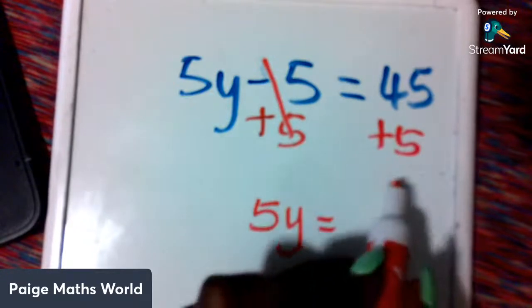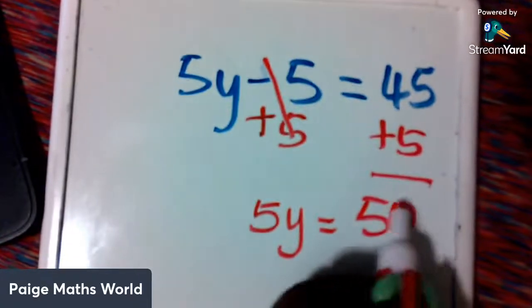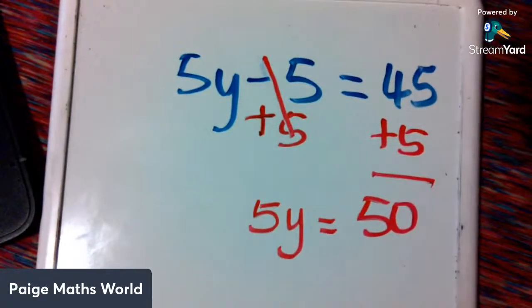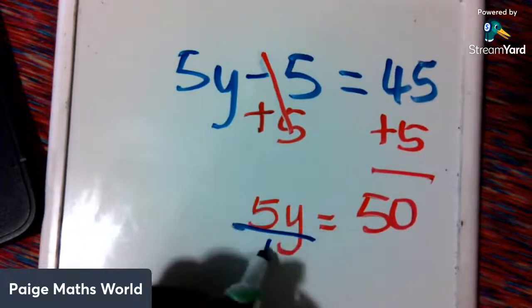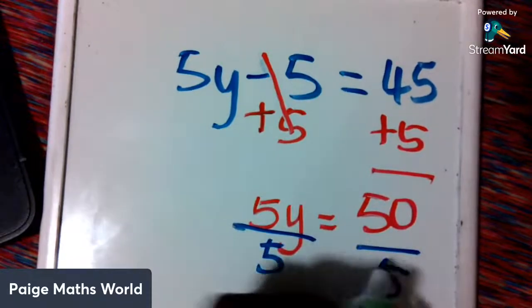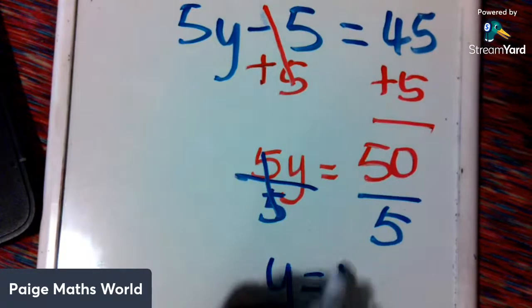And we are now going to be adding this part of it. 45 plus 5 gives us 50. And now we're going to what? Divide both sides by 5, right? Because we need y by itself. So we're going to be dividing both sides by 5. And so y is equal to 10.